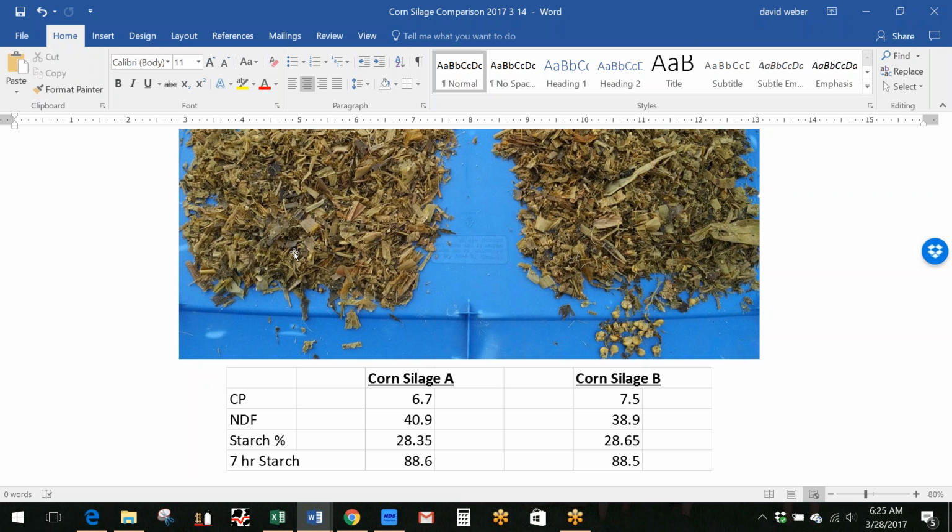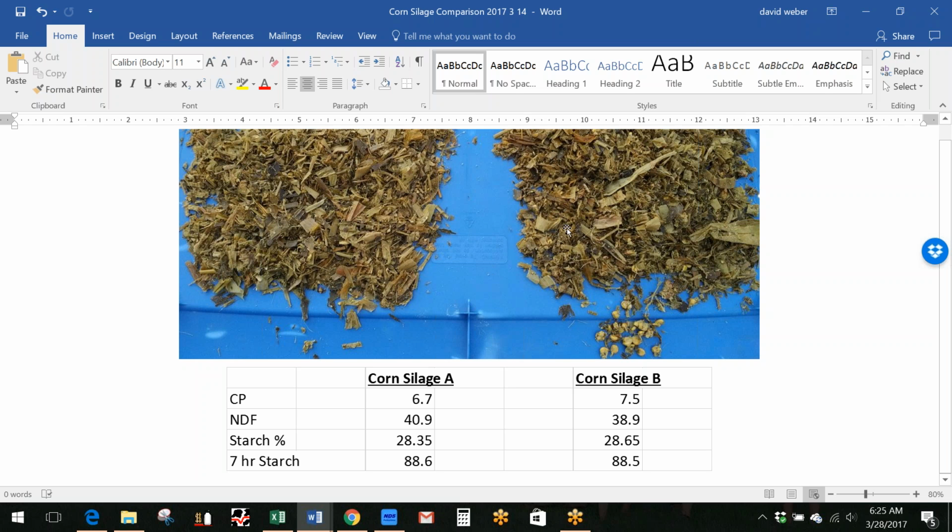equation that Bill Chalupa and Charlie Sniffen drove into us years ago. And as we get into groups of animals or herds that are eating 57, 58 pounds of dry matter intake, we have less digestion with increased passage rate. So again, what I've been doing is looking at those samples and the processing.